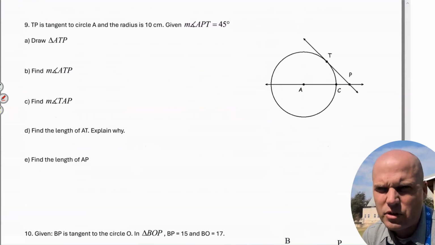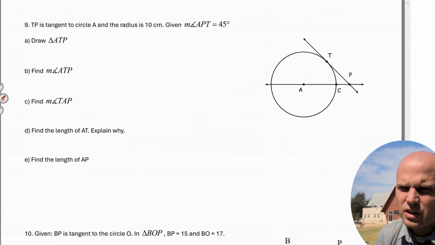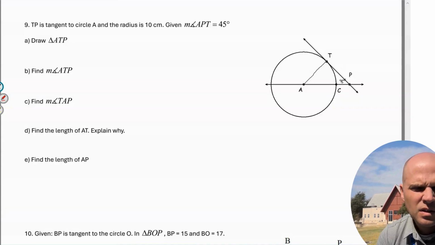Last couple questions are a little bit tricky, so let's pay attention. We have this angle ATP. We have angle APT is 45 degrees. We know this has to be 90 degrees.